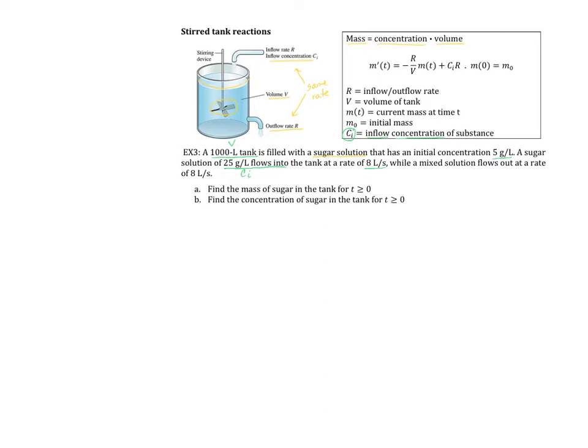And then the mixed solution is flowing out at a rate of 8 liters per second, which has to be the same, or else the tank will either overflow or empty. So this is our R, the inflow-outflow rate. Okay? So we're going to find the mass of sugar in the tank in part A.